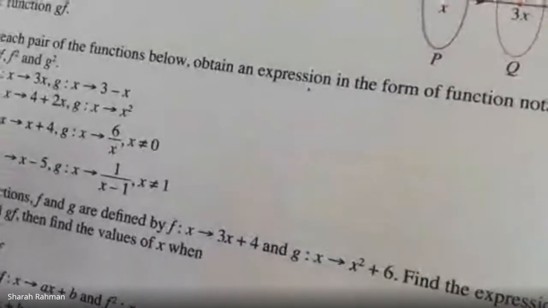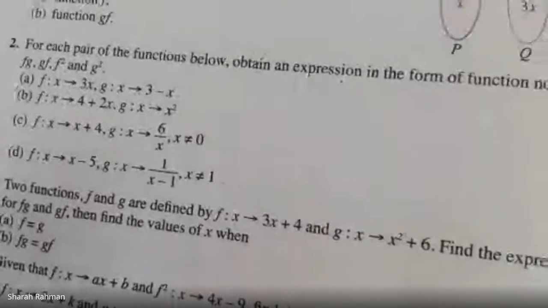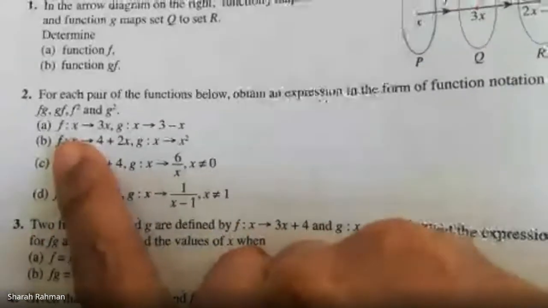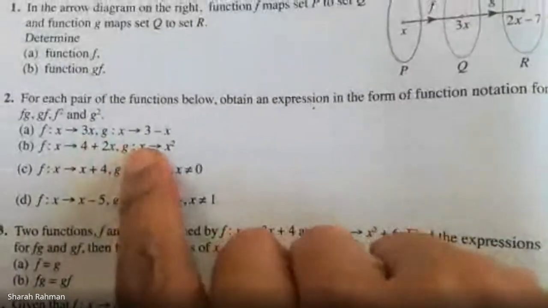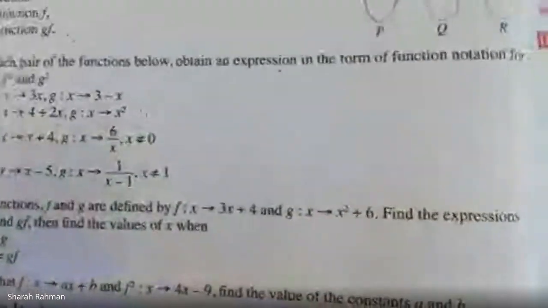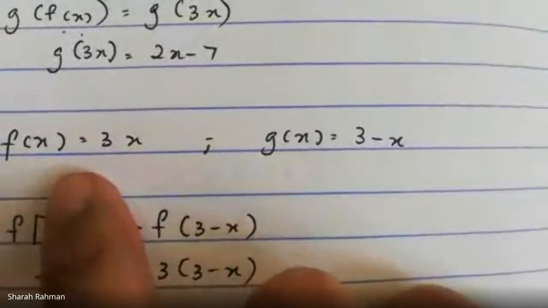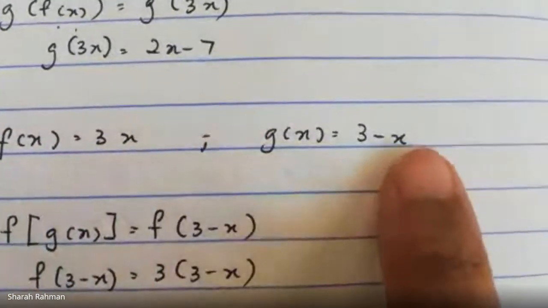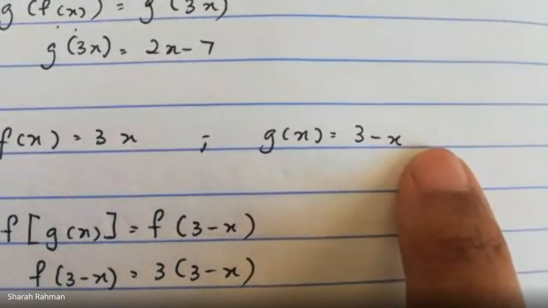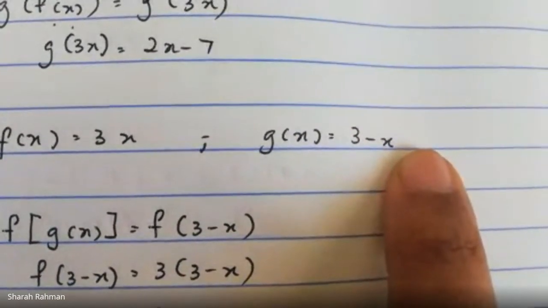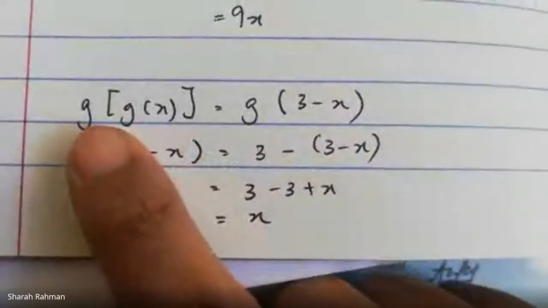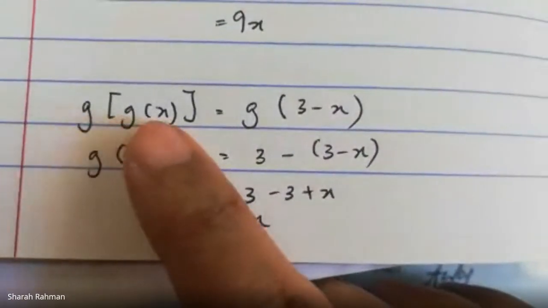So we want to find g squared. Given for question 2a, we have f(x) mapped to 3x, g(x) mapped to 3 minus x. We write in the notation like this: f(x) equals 3x and g(x) equals 3 minus x. Then we want to find g squared. G squared means g(g(x)).